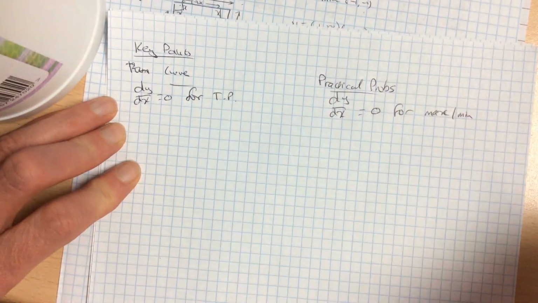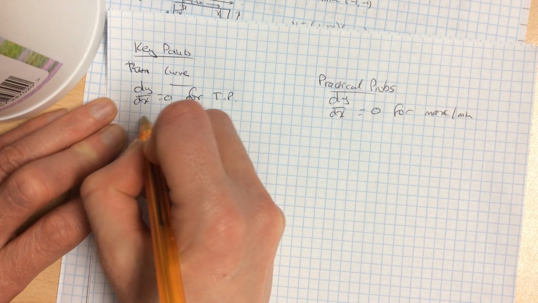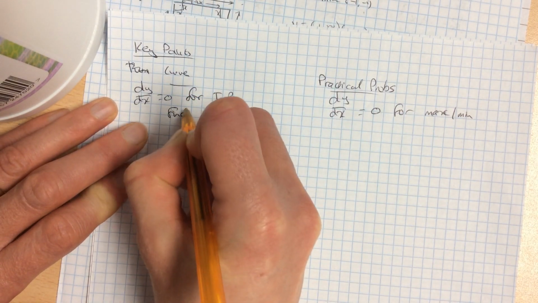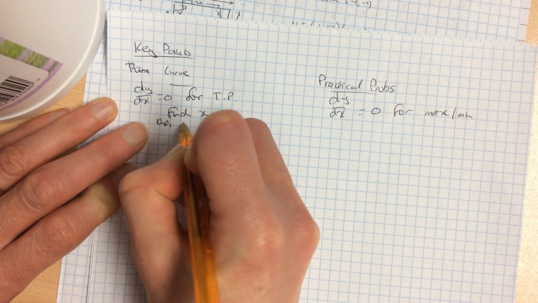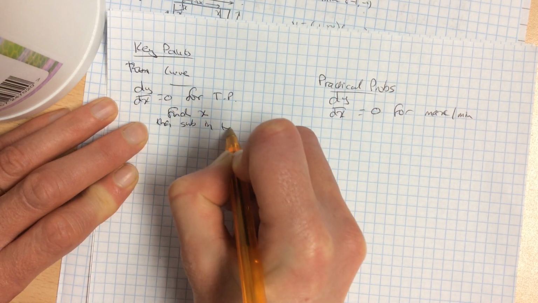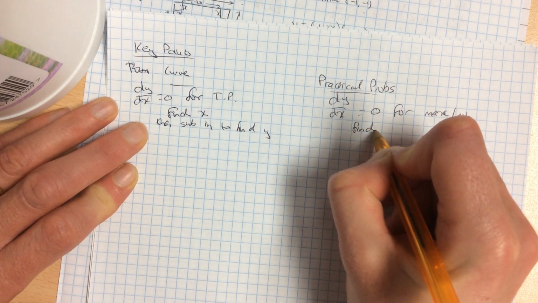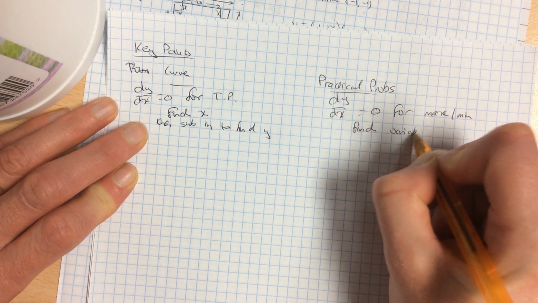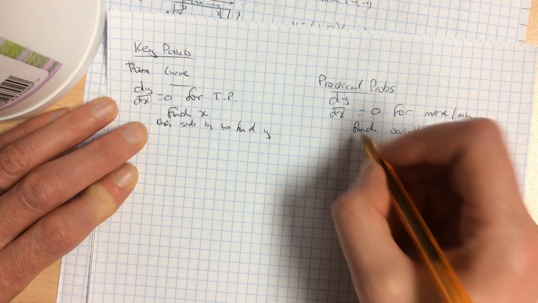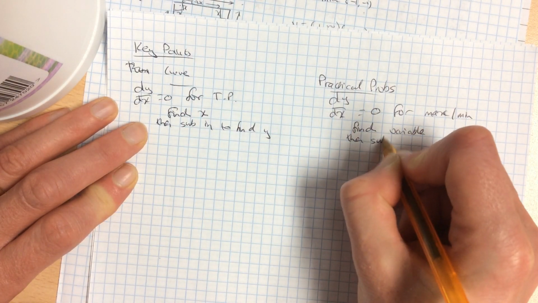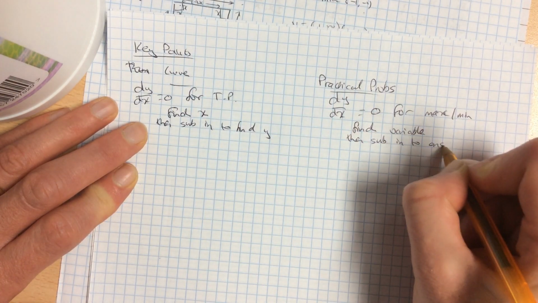Over here on the turning point, you find x, then sub in to find y. Over here, you find your variable, whatever it is. It could be x, it could be whatever.